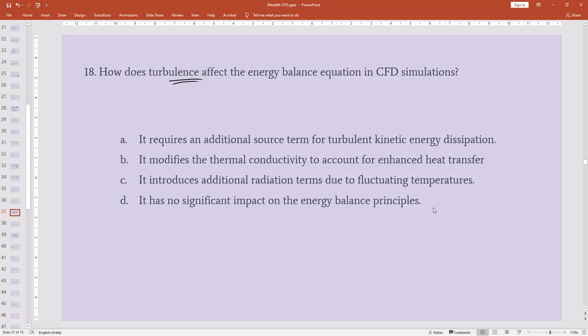So we have four options. First, think: if there is turbulence, in which term do we have it? I have written the energy balance equation before. In which term will the turbulence effect occur?